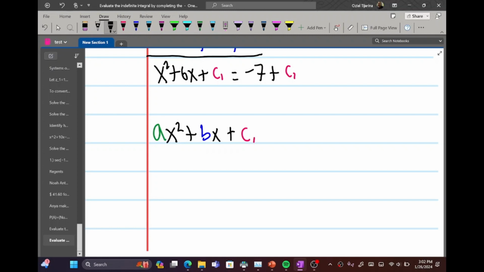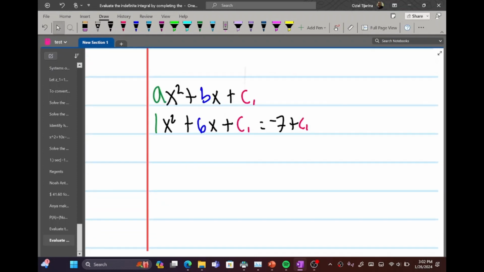Now I'm going to define my a, b, and c. So I have 1x squared plus 6x plus my C1 term, and this is going to equal negative 7 plus C1, because again, we're just adding it to both sides.